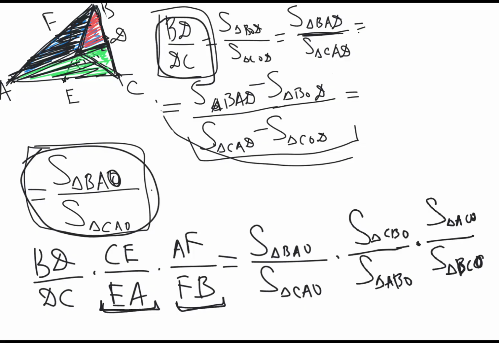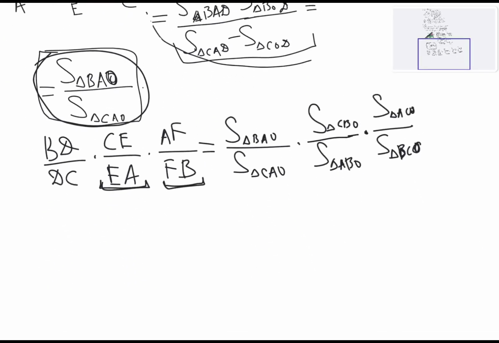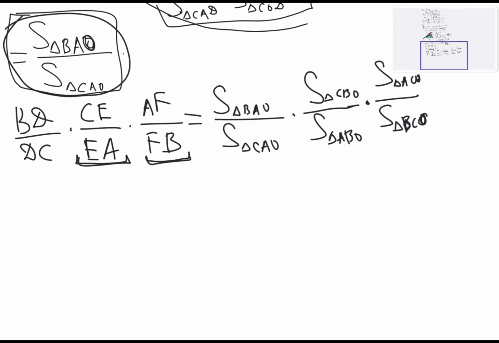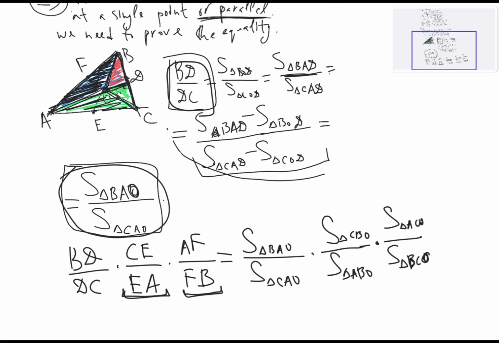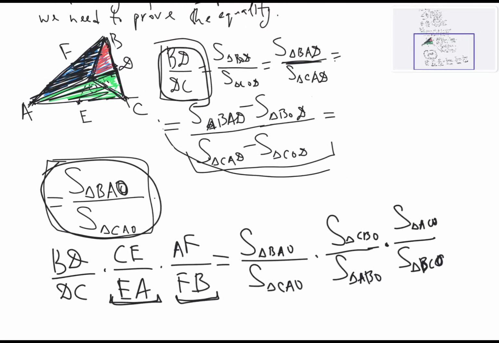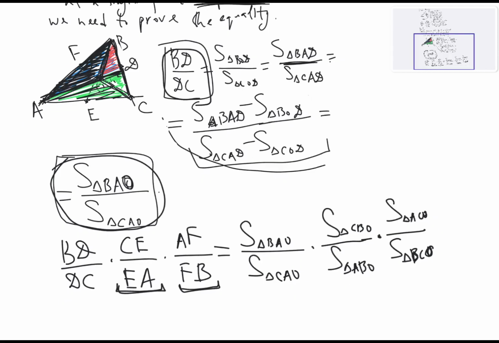So we look at this ratio now, ratios of the areas, and we notice that BAO and ABO is simply the same triangle.